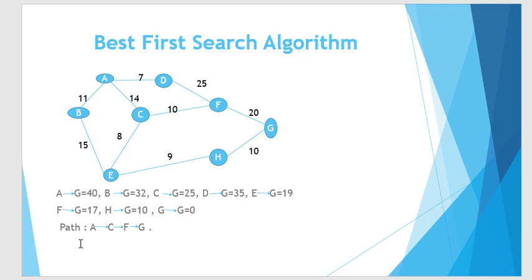Best first search totally concentrates on the heuristic value. Remember this point: in best first search, we keep the main focus only on the heuristic value. According to these values only, you have to run this algorithm.